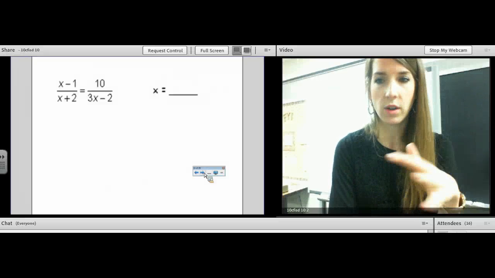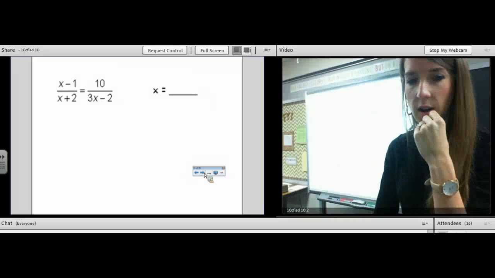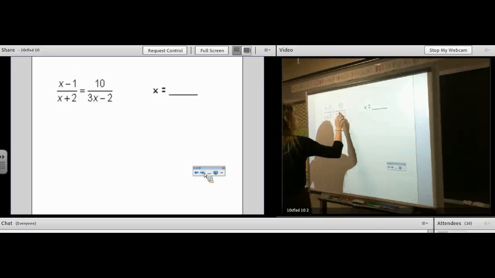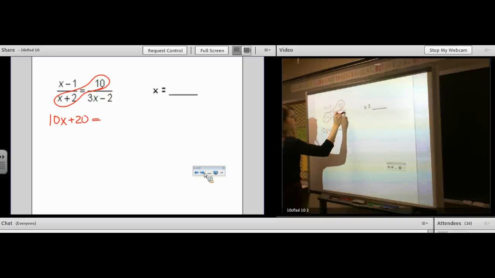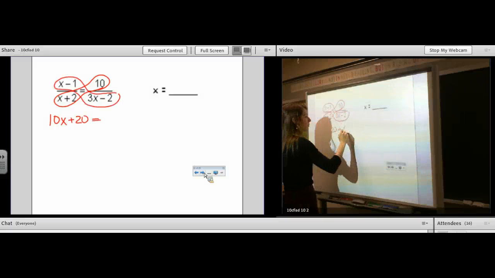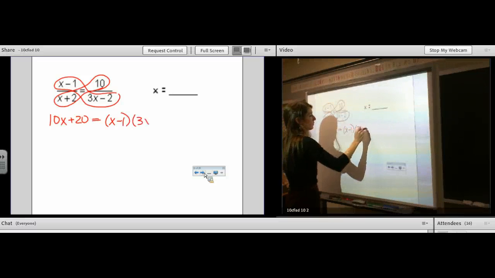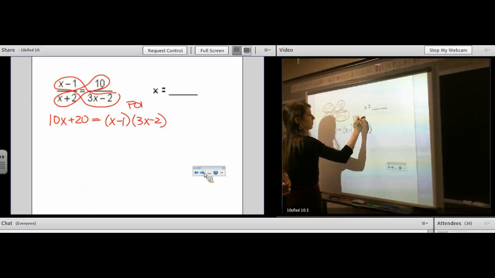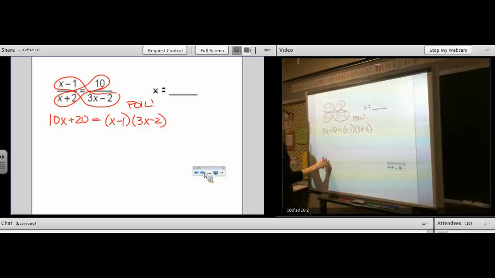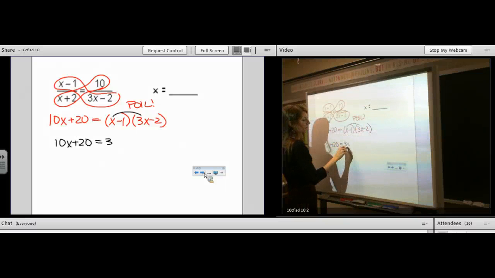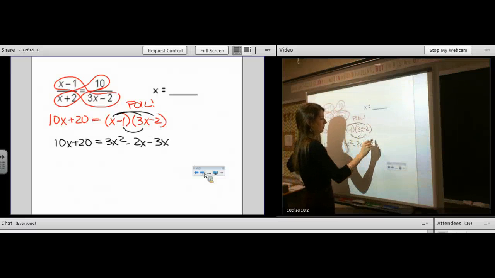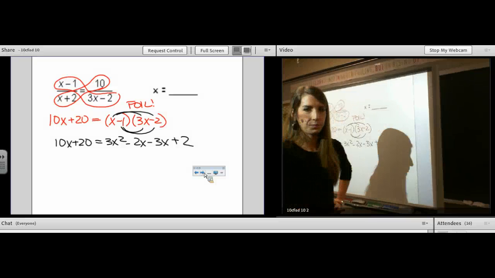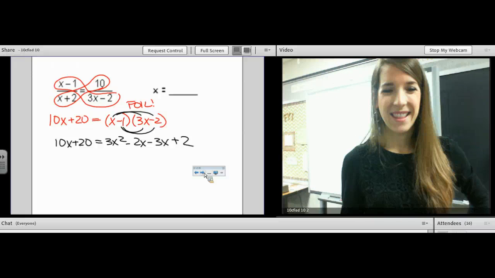If you don't want a hint, don't look at the board, but I'm just going to work it a little bit. This is leftover from algebra.